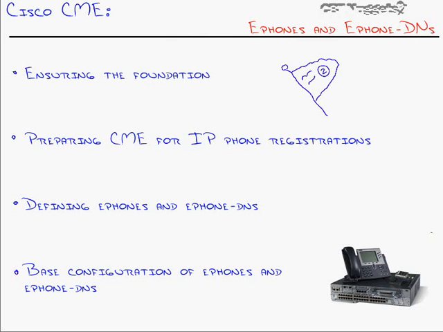Just to wrap this one up, we have talked about the foundation of what you need to get running and preparing the CME for IP phone registrations, mainly focusing on the 3 key commands that you need, max-dn, max-ephones, and ip source-address, and then looking at making the firmware files available both through the TFTP server portion of the CME router and through the load command from telephony-service, specifying which firmware file to use.